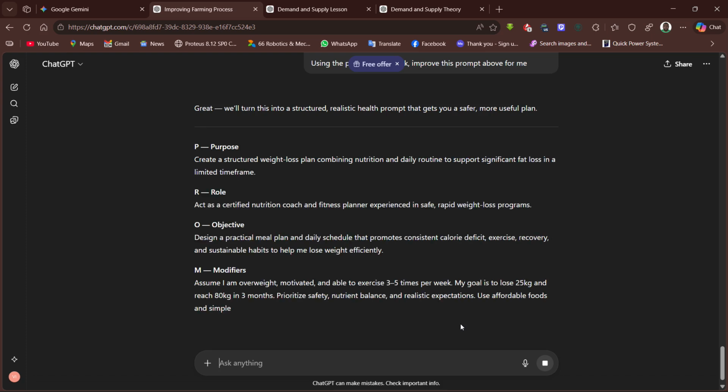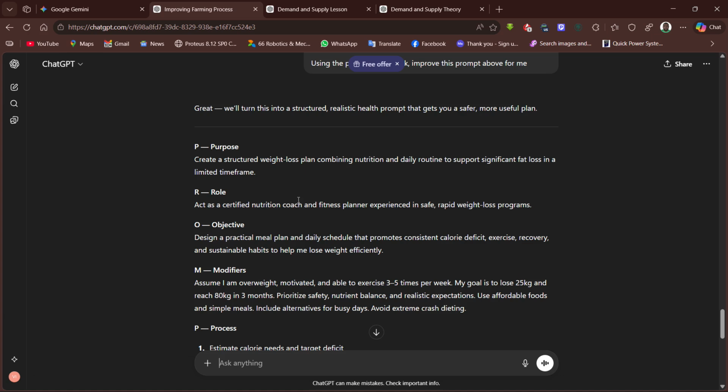Using the prompt framework, let's improve the prompt. So we have purpose: create a structured weight loss plan combining nutrition and daily routine to support significant fat loss in a limited time frame. Role: act as a certified nutrition coach and fitness planner, with experience in safe, rapid weight loss programs.